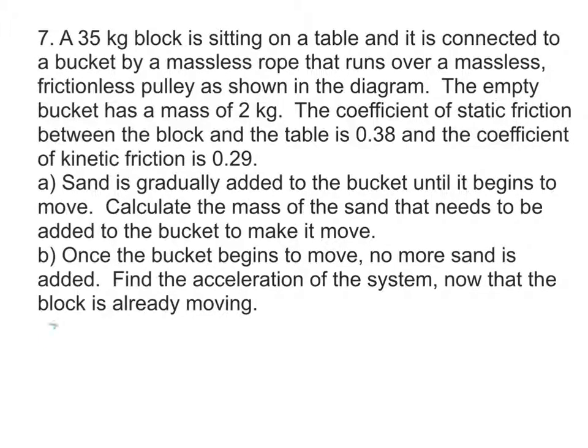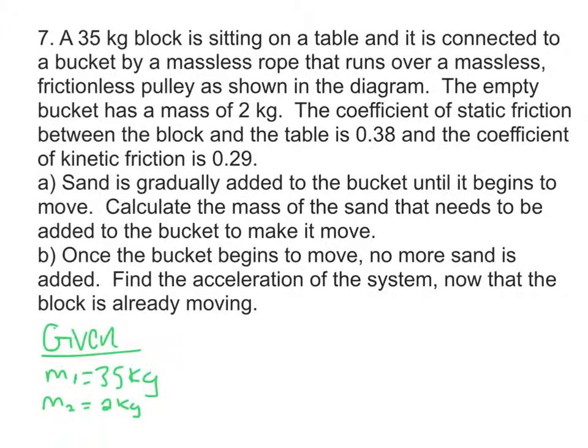I'm going to start by listing what we're given. We know that the block is 35 kilograms. I'm just going to call that mass 1. The empty bucket, I'll call that mass 2, is 2 kilograms.